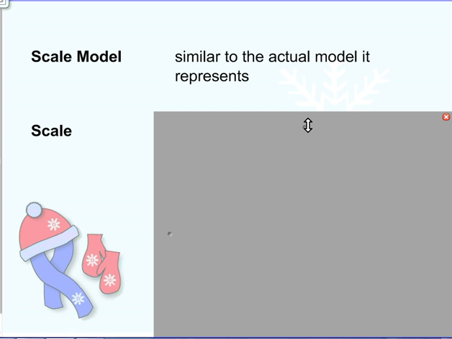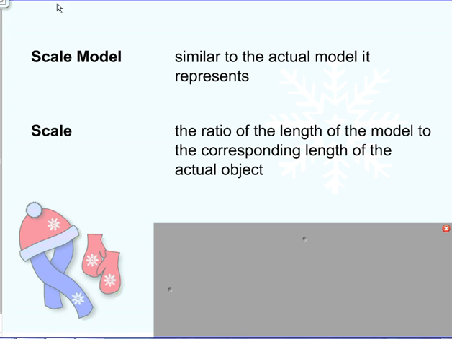All right, but today we're actually going to be talking about something called scale models. A scale model is similar to the actual model it represents, and the scale of that is the ratio of the length of the model to the corresponding length of the actual model.